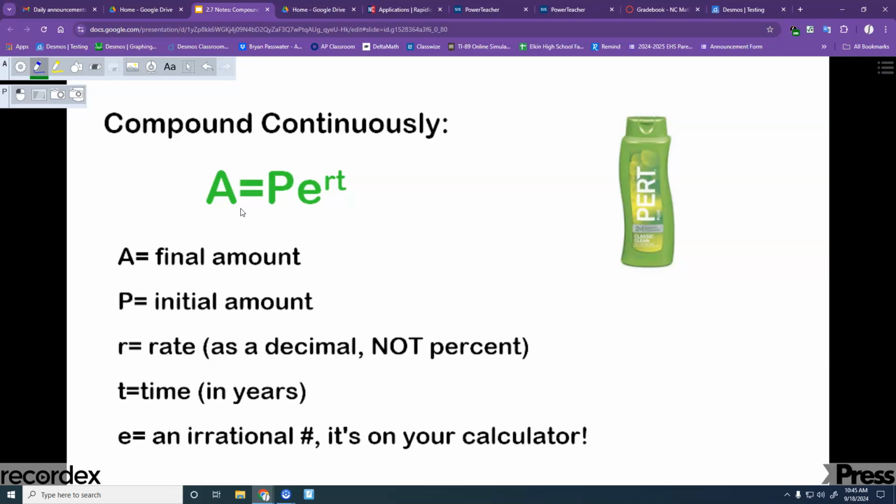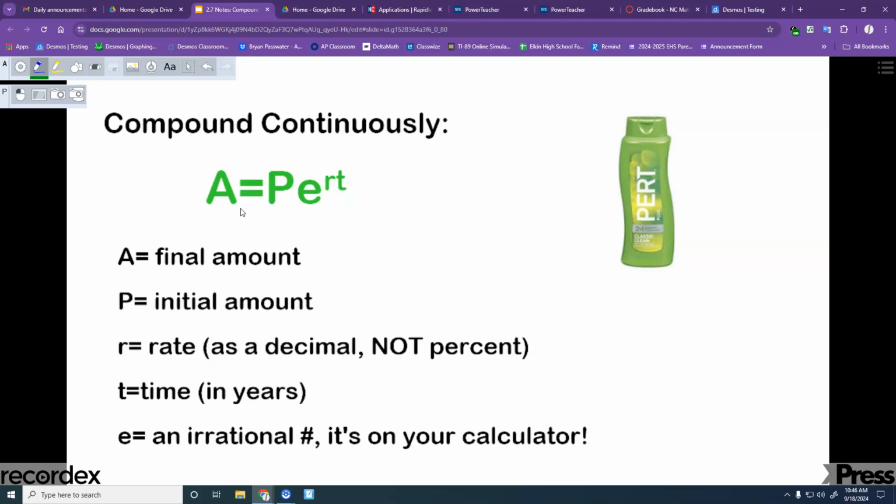So I said the more often that your interest is compounded, the better it is for you, the more money you will make. So if you have compounded quarterly, that's not bad, but if it's compounded monthly, that would be better, right? And then weekly would be even better. And then daily would be even better. What would be even better than daily?